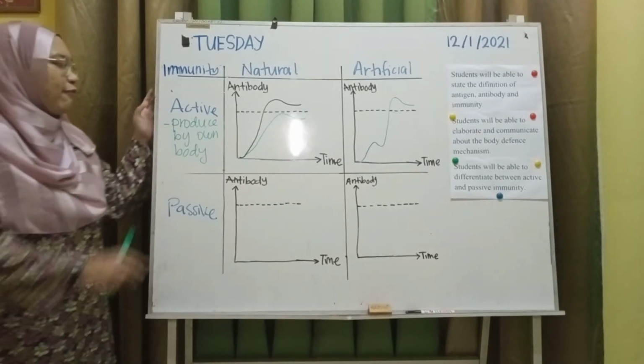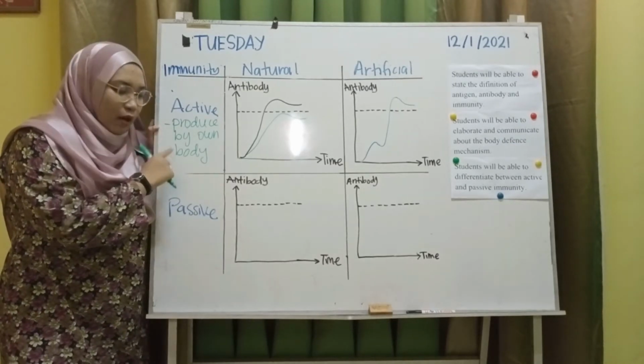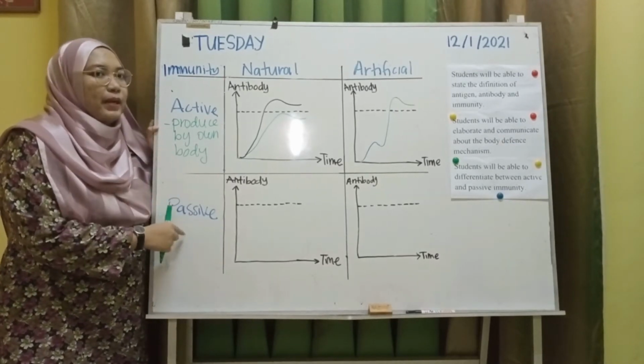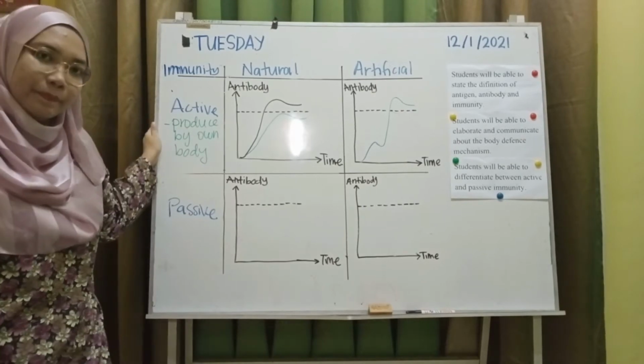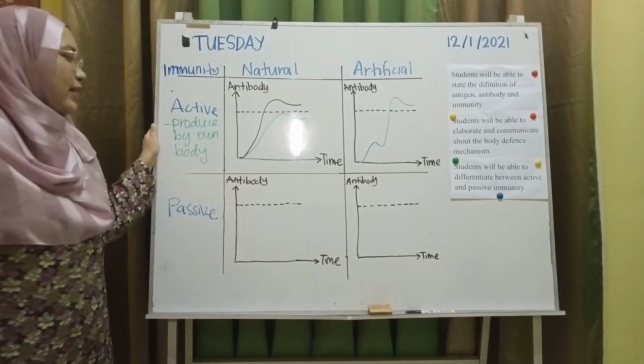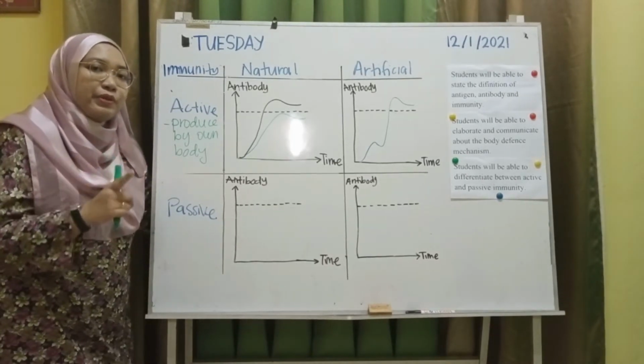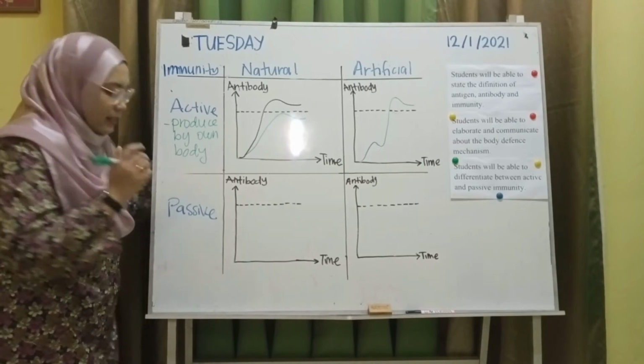Yes. So if active can produce antibody by our own body, what about passive? What do you think about passive antibody? I think that our body is not the one that produces the antibody. Yes. For passive, our antibody is produced by external sources.